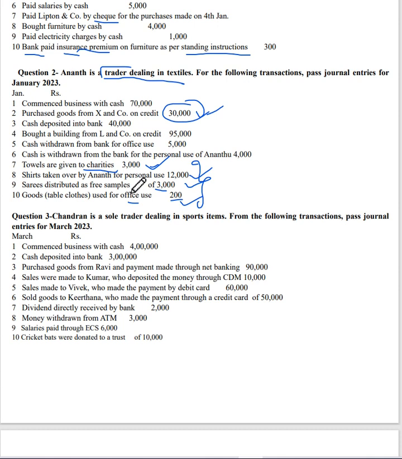Here again it should be selling and distribution, or you can say advertising and promotion account, debit to purchase account. Next, goods used for office use, that is office expenses account debit to purchase account.